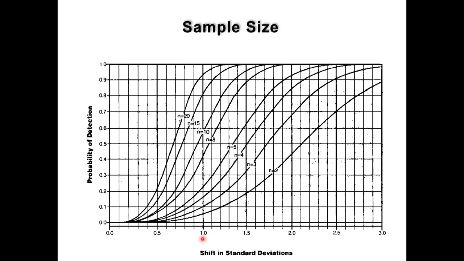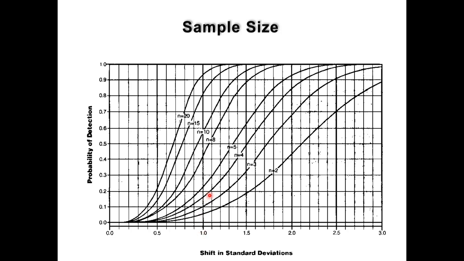Coming back to this, if your process shift is small, say one standard deviation, and you only have 5 observations in a sample, the probability will be much lower, around 0.223 or 0.24. So in cases where your process shift is smaller, you must come up with a larger sample size so that the probability of detecting any problem will be much higher.